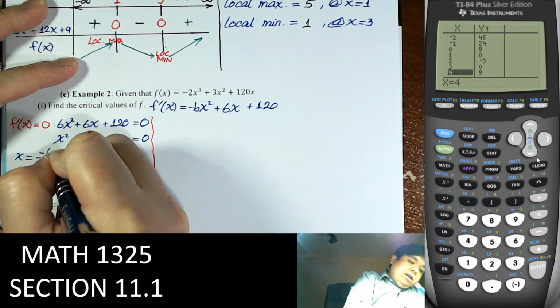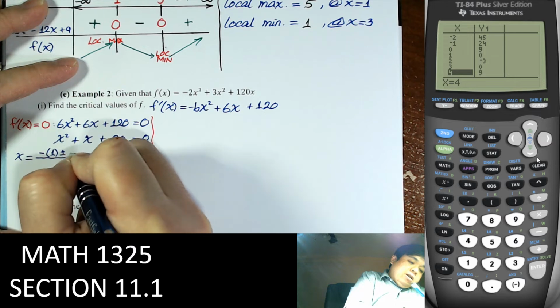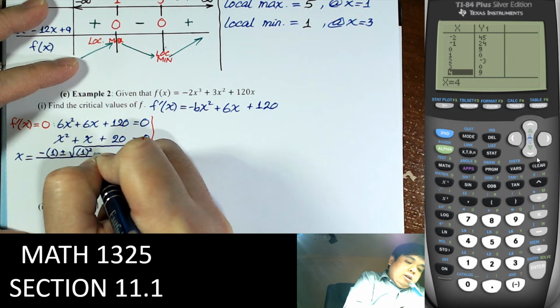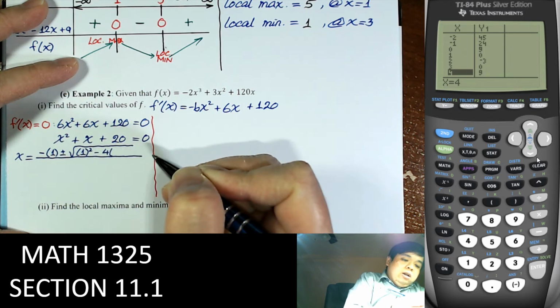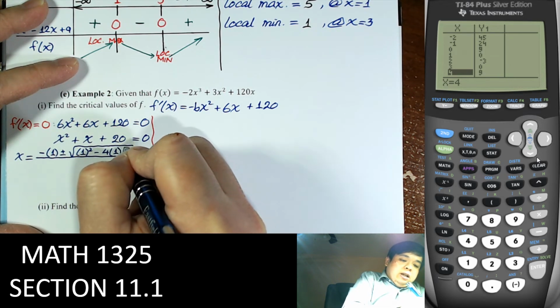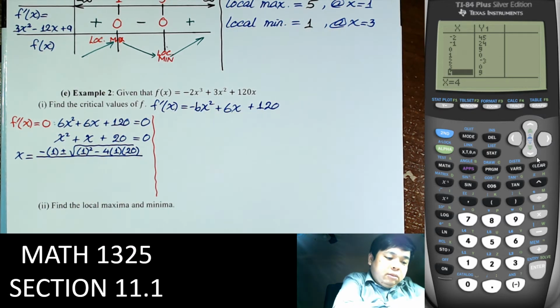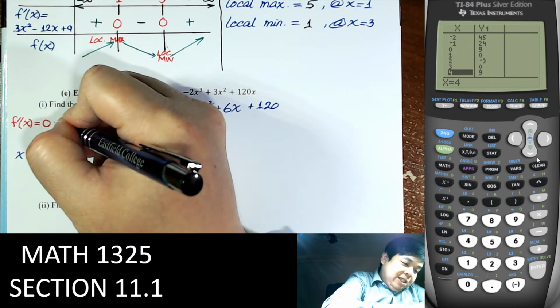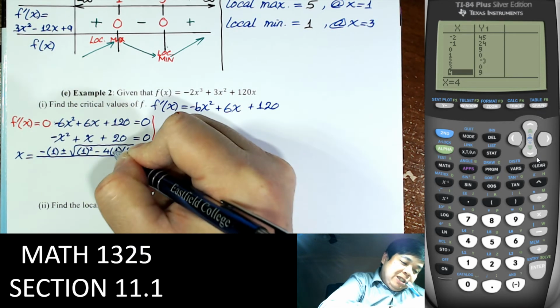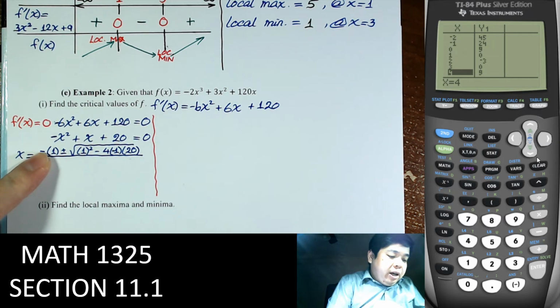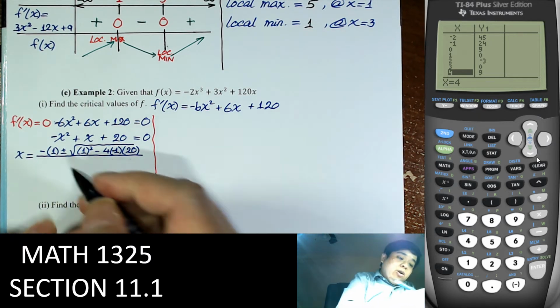Negative b plus or minus the square root of b squared minus 4ac, over 2a.